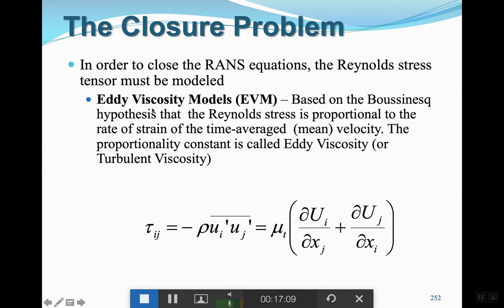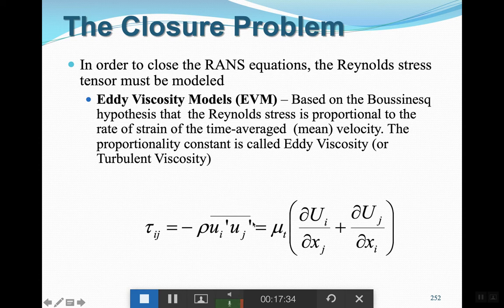You use something called eddy viscosity models. So based on the Boussinesq hypothesis, and this is the same guy but not the same theory, you can write down the Reynolds stress by a combination of the derivatives of the average velocities.